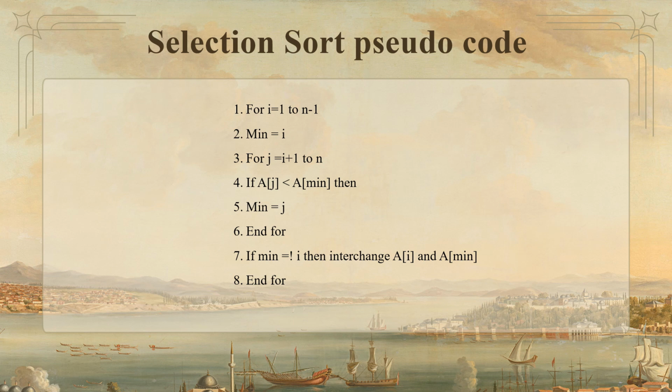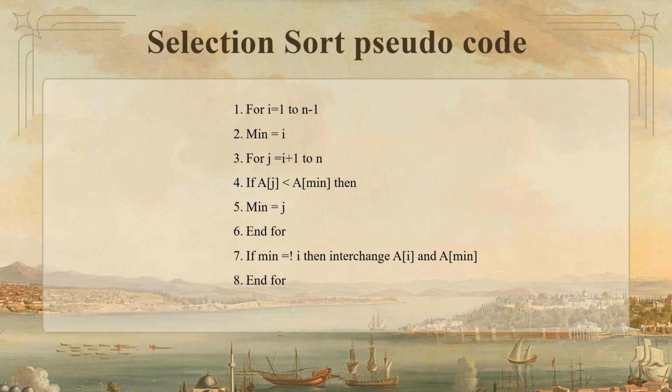Our fourth line is if a[j] is smaller than a[min], which means compare the current element a[j] with the current minimum element a[min]. If a[j] is smaller, then min equals j, which means update min to the index j where the smaller element is found. Then end for.